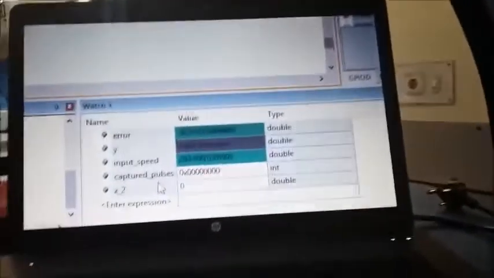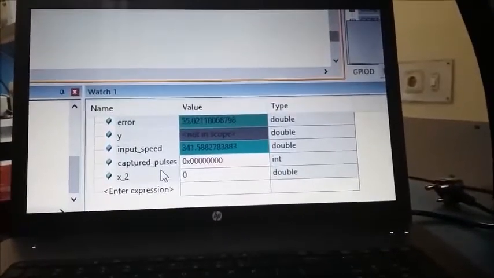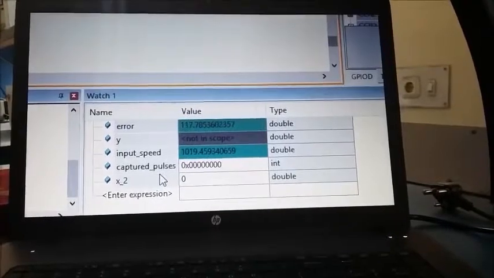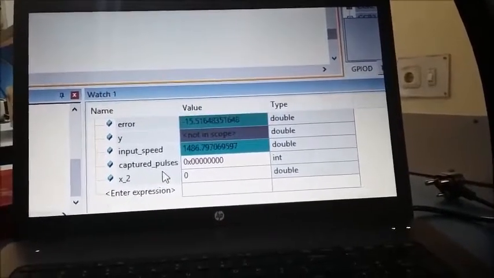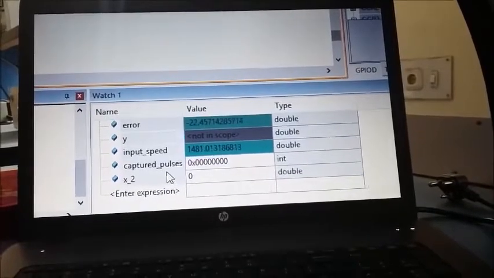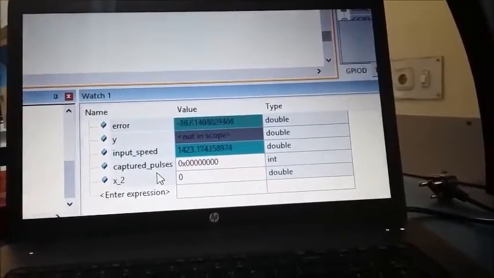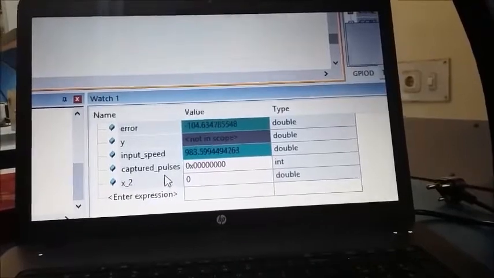And here you can see we have an analog knob which is interfaced with the analog to digital converter to vary the input speed. Here you can see that input speed is varying up to 1500 RPMs, which is the rated speed of our induction motor. We have programmed it in the parameter initialization of our codes.